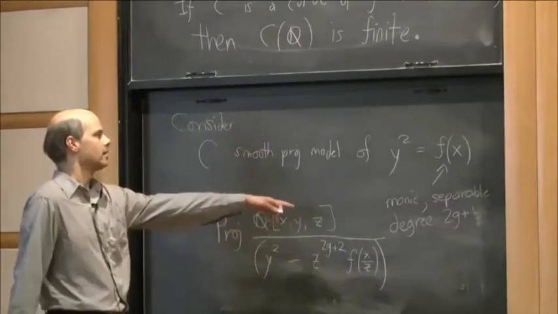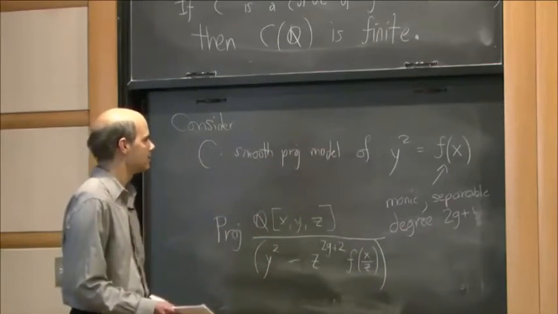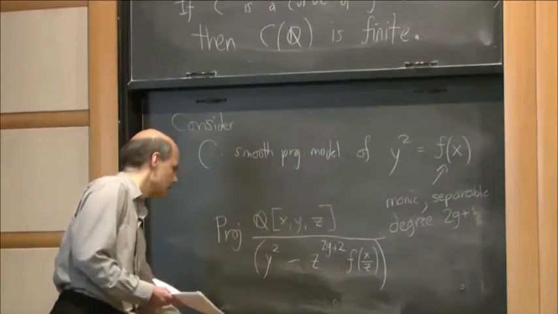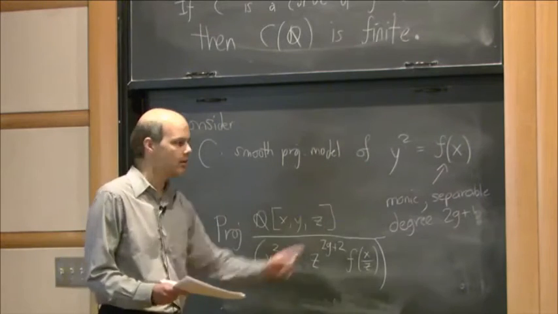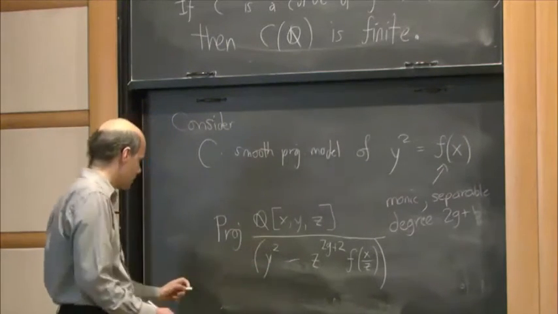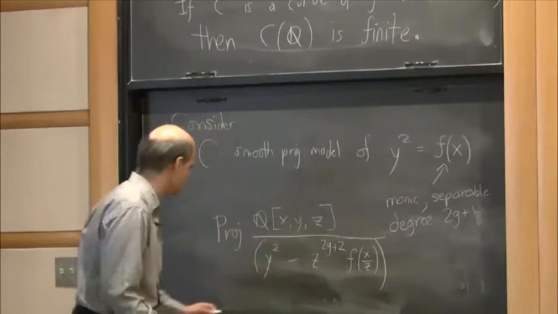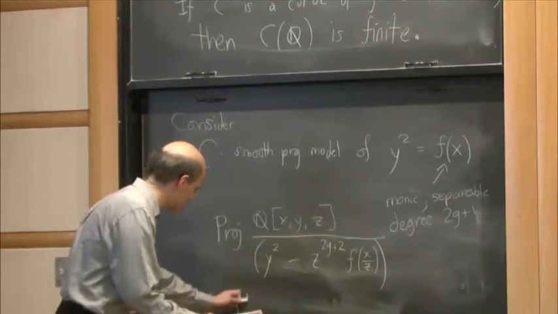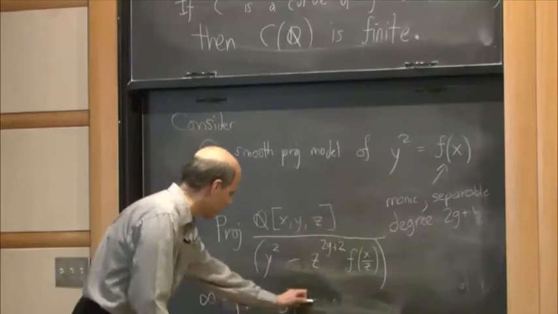You can check that this is a smooth proper curve, and it's the smooth projective model. One advantage of doing this is you can see the rational point at infinity. It's just the one where z is 0, because this thing is still divisible by z. So there's a rational point on this, in homogeneous coordinates.